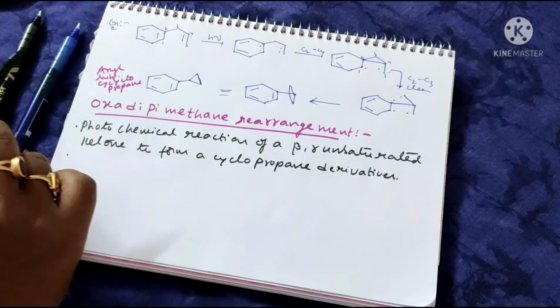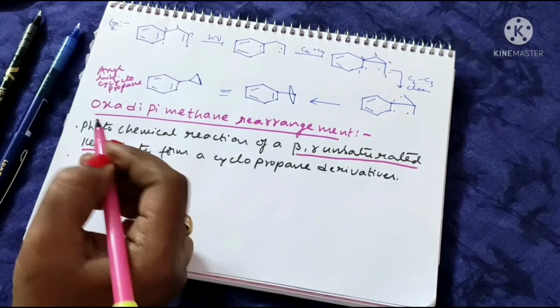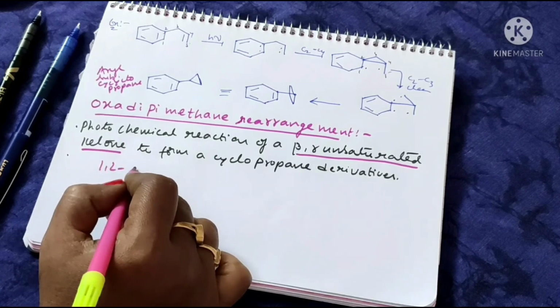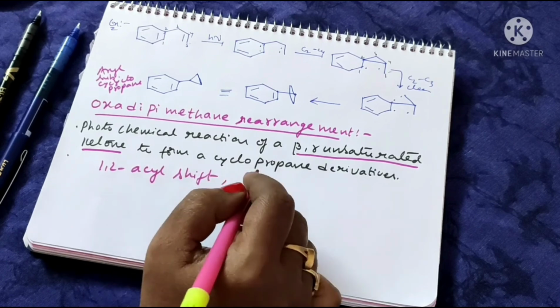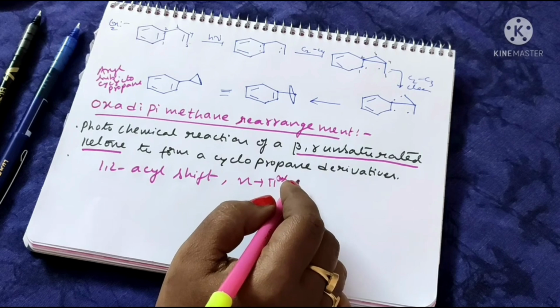And next, the main substrate is a beta-gamma unsaturated ketone. It formally accounts for a 1,2 acyl shift, and an n to pi star transition takes place in this.